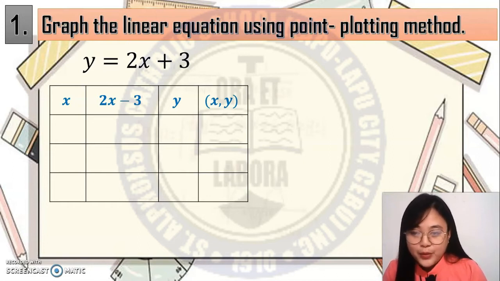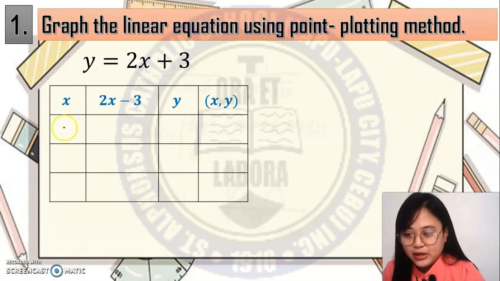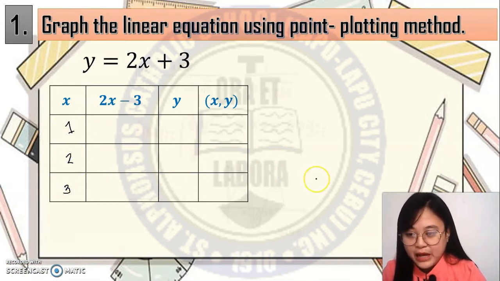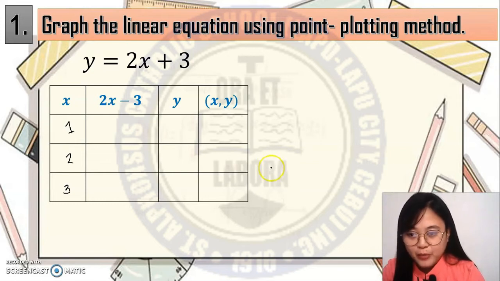In this case, we give you the free will to choose any number you want to assign for x. We're going to use the numbers 1, 2, and 3. After assigning your 3 chosen numbers for x, we're going now to solve for the value of y by substituting the x that you have chosen into the equation.